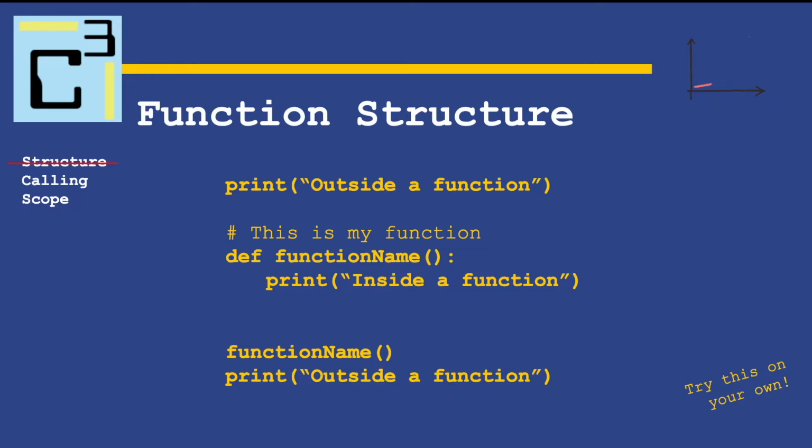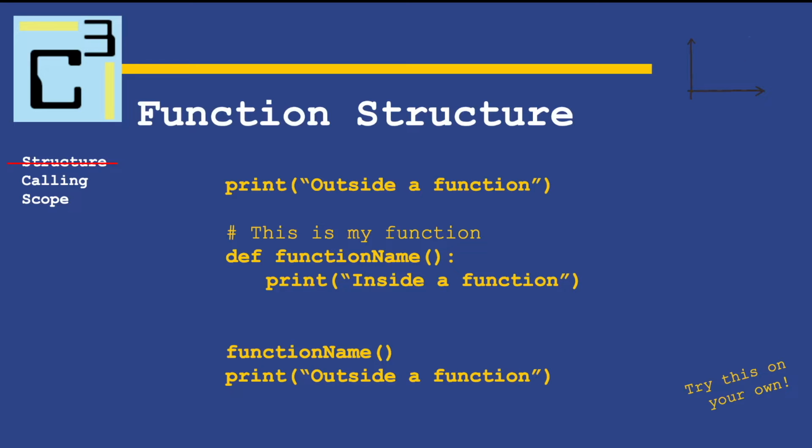So the way that we call this, how do we run this function, right? The way that we run the function is by calling the function name, right? Just like you want to use a variable, you put the variable name out there. Same thing with a function. You write the name of the function. You have to add those parentheses. That's to tell the computer to call the function.